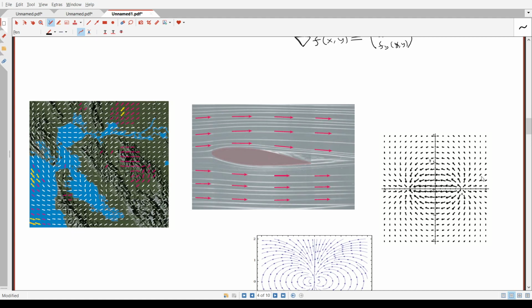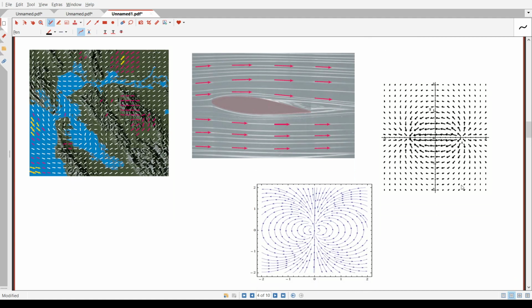Another example would be an electric force field. Here, this describes the force due to some electric charge, or actually, I guess this would be a magnetic field, but whatever. It describes the force due to magnetism at each point.